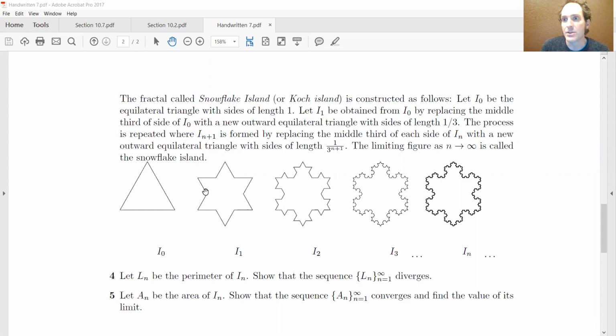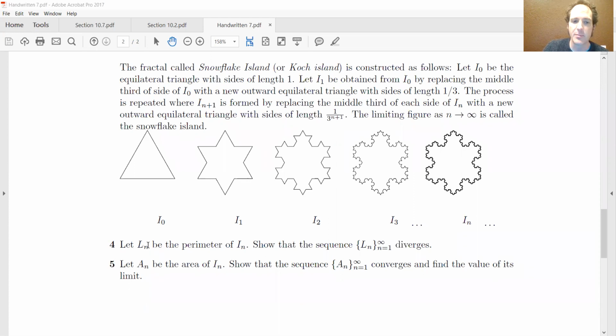All right. The trick here is to find two sequences. First is the sequence of perimeters, and then show that that sequence is divergent. Then you find the sequence of areas, and you show that that is convergent. So the area of each of these is going to be a convergent sequence, and the perimeter is a divergent sequence.